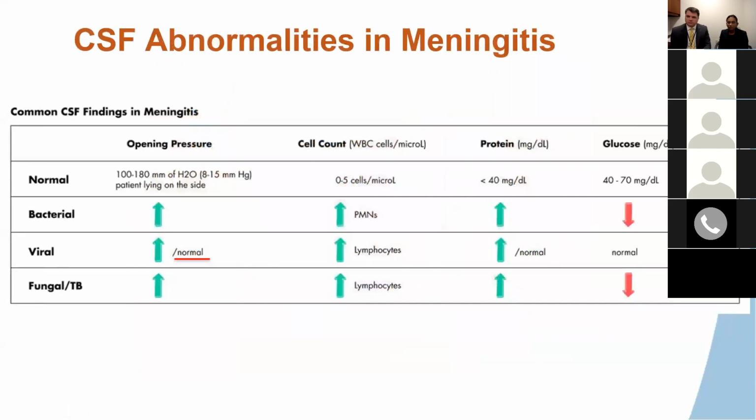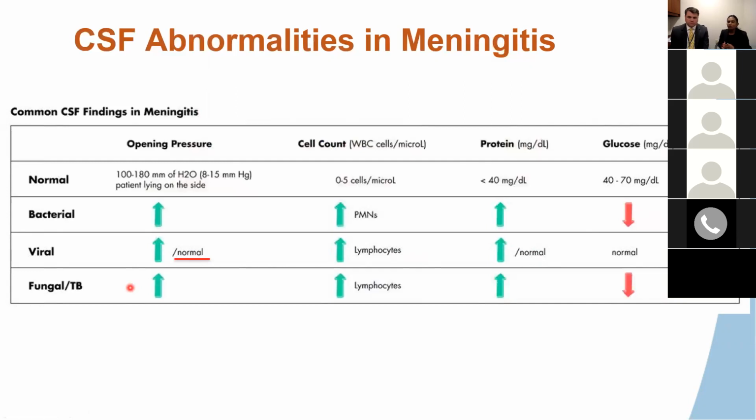This slide is really good. It just talks about what kind of opening pressure you get if you have bacterial, viral, or fungal CSF infection. For all of them, you will have an increase in opening pressure. But what we have seen is that with fungal and TB, it's really high opening pressure.